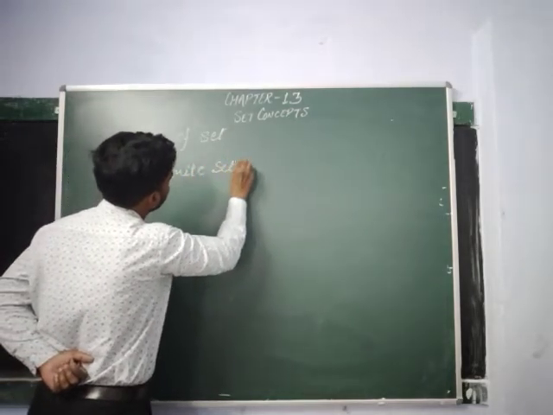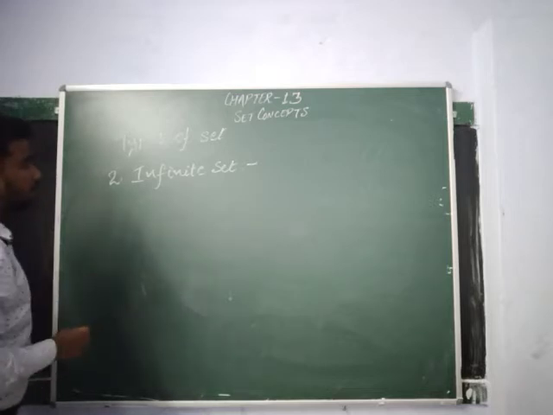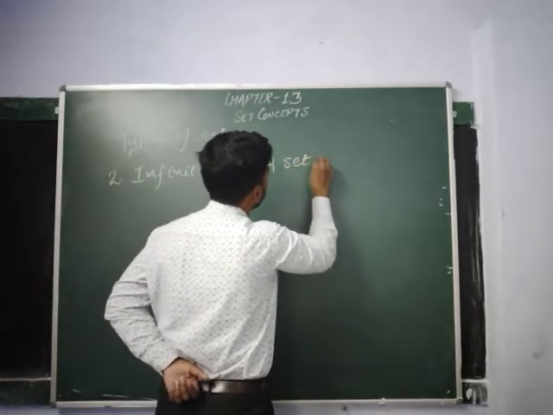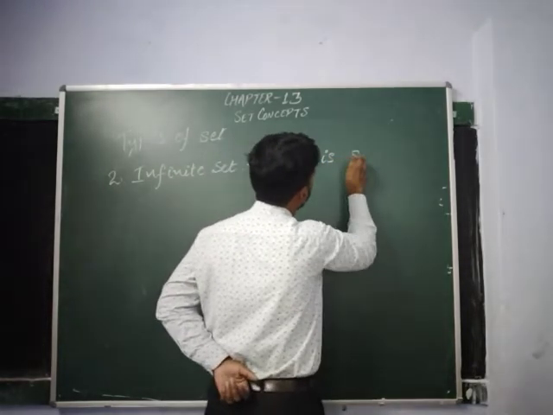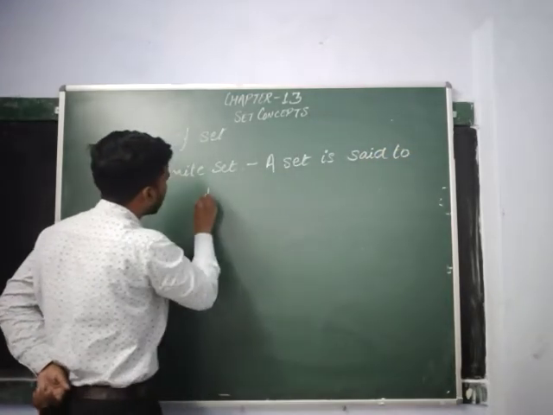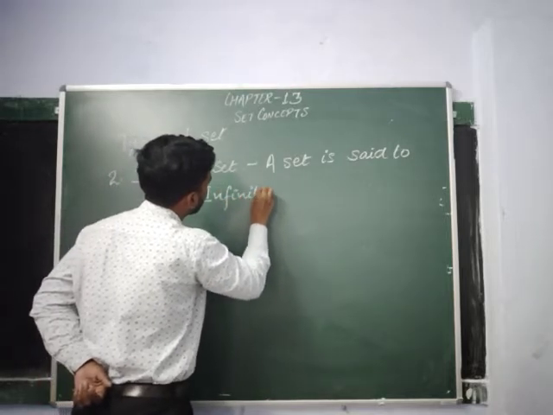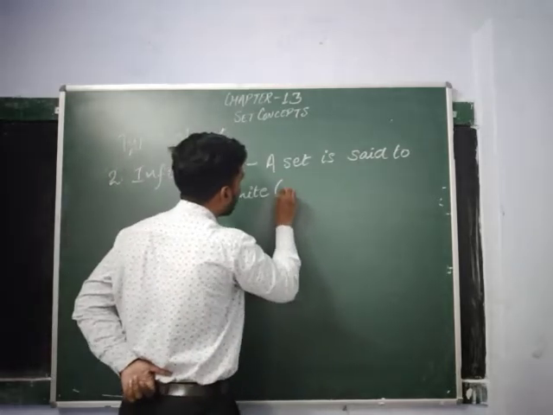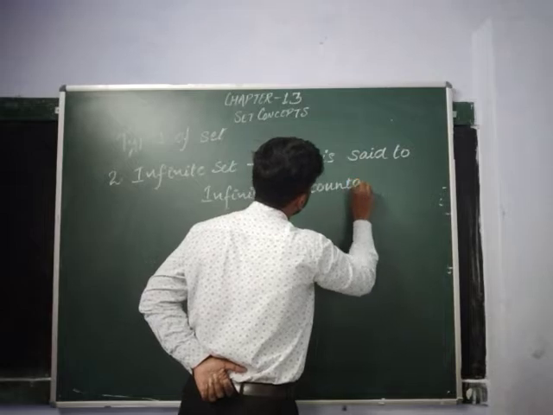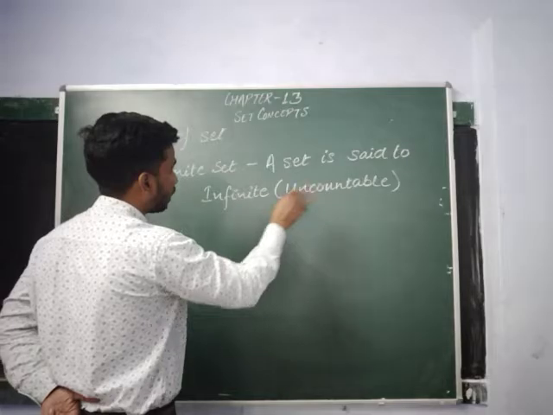Infinite set. So in finite set there was a limit. Now in infinite set, what will be the definition? Set is said to be infinite or uncountable. Okay, both are the same thing, infinite or uncountable.